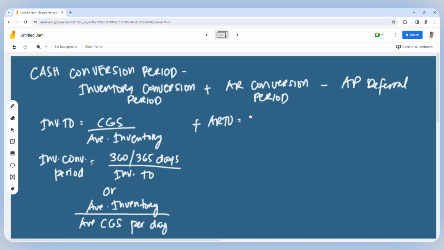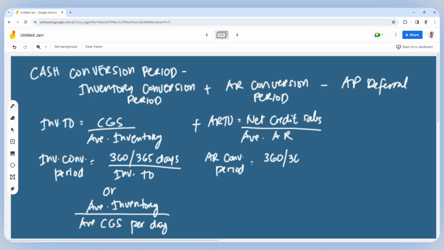Ano yung formula again? Net credit sales, just divide it by your average accounts receivable. How do we compute for AR conversion period? The formula here is like this. 360 days, 365 days, just divide it by your AR turnover.